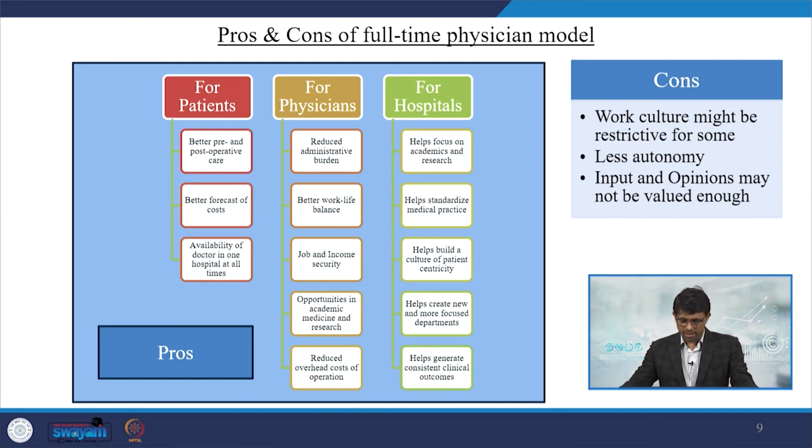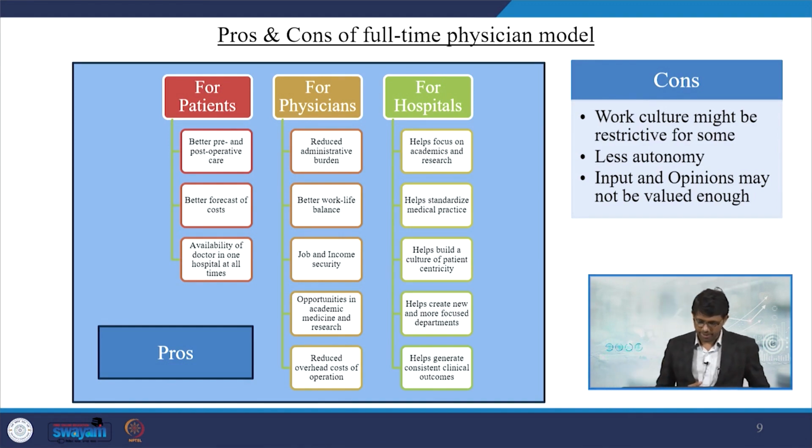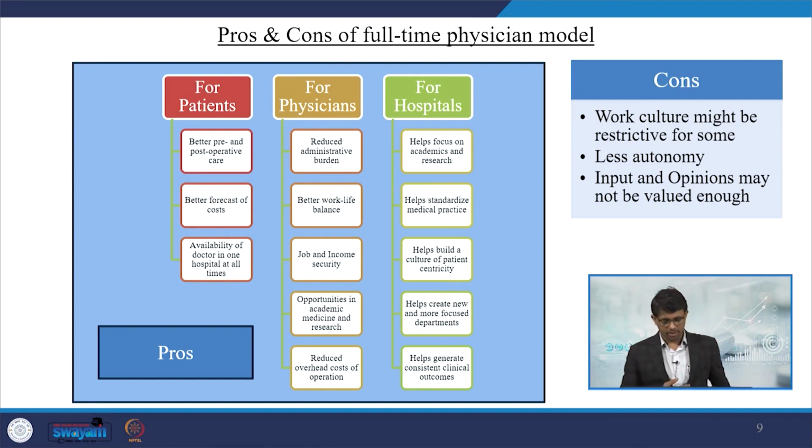This helps focus on academics and research. The standard medical practice will improve, a culture of patient centricity is going to be built, and there will be more focus on specialized departments. This will generate consistent clinical outcomes.